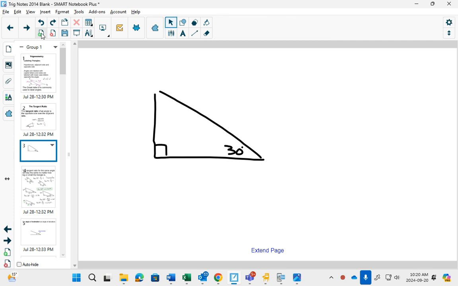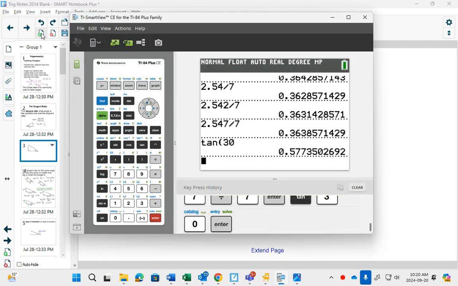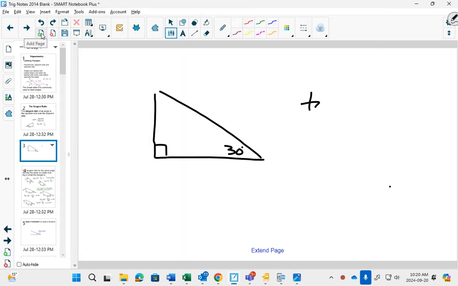and say, if I want to be accurate, according to this, tan of 30 is 0.577. Wow. Tan of 30 degrees is 0.577. If I go to my thousandth decimal place, this means that this is a fraction of 577 over 1,000.